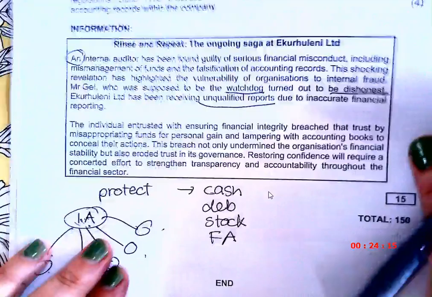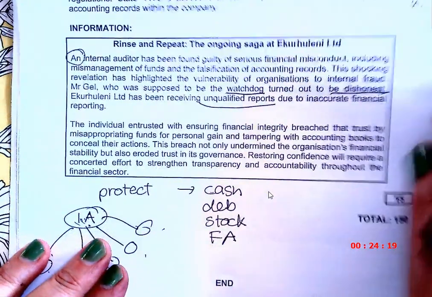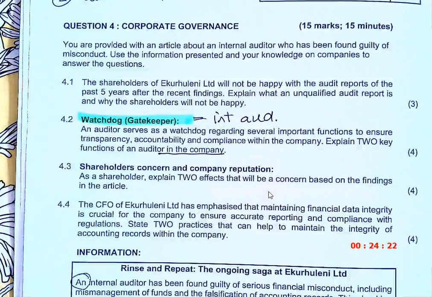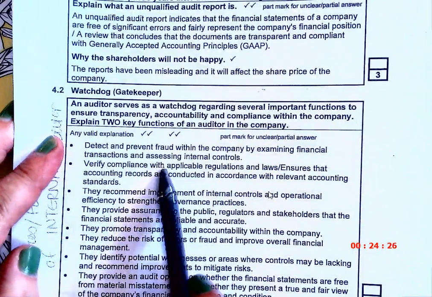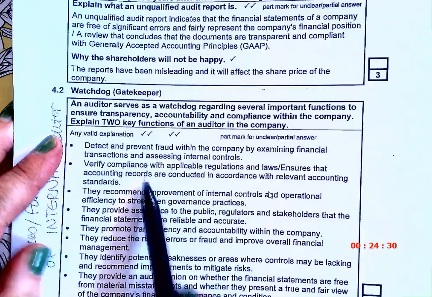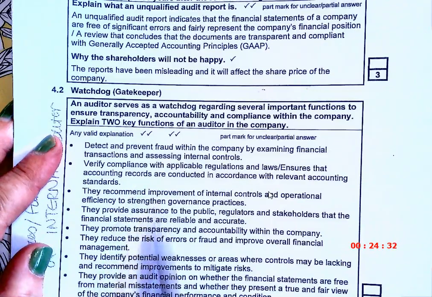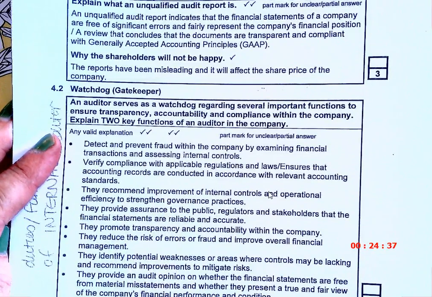They have to make sure that there are procedures in place to protect the company's assets. So what did they say? They need to detect and prevent fraud. They need to verify that there's compliance. They need to recommend improvements of internal controls. They need to provide assurance to the public that everything's fine.